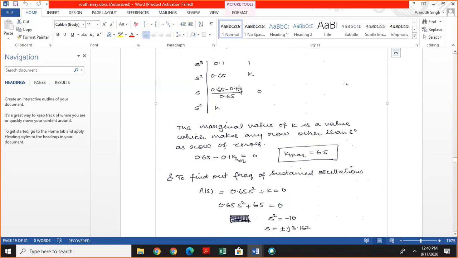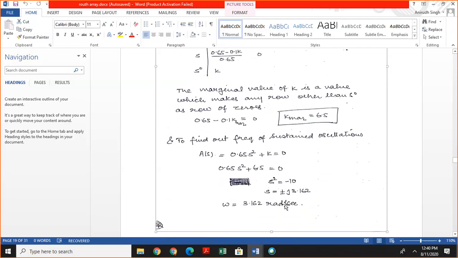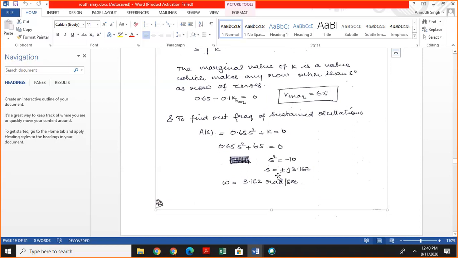When this row is 0, make the auxiliary equation with the row above: 0.65 s square plus K. Put this auxiliary equation equal to 0 and calculate its roots, which in this case are plus minus j 3.162.